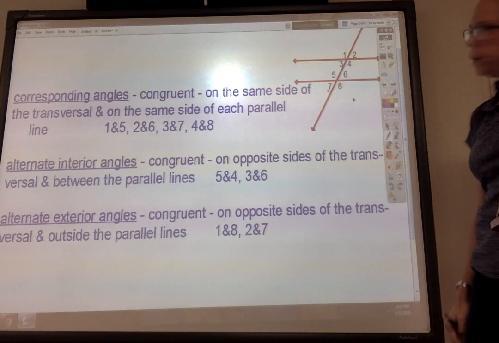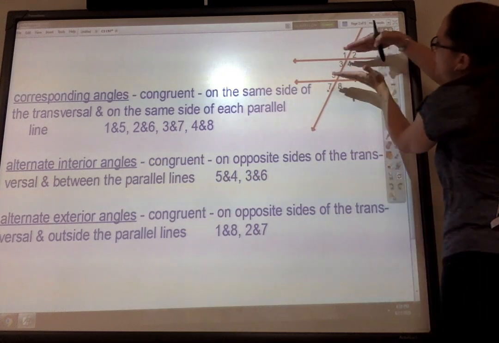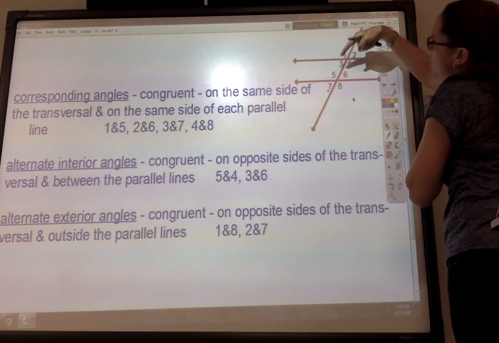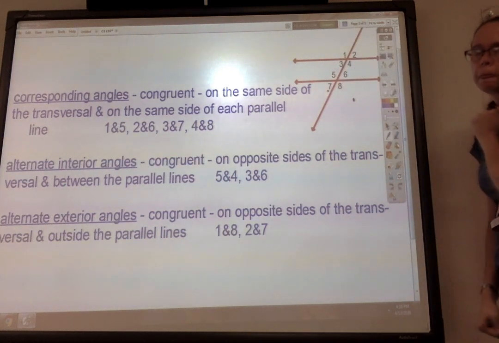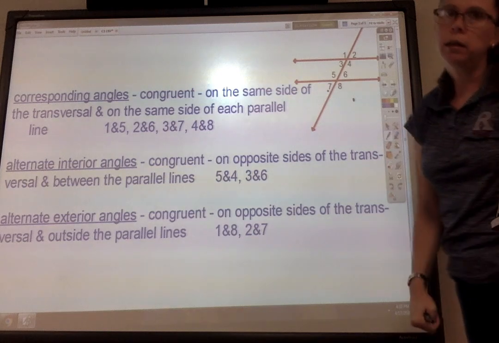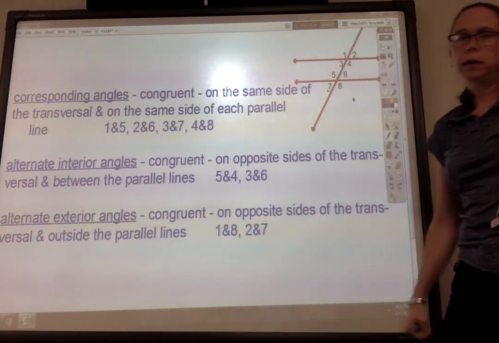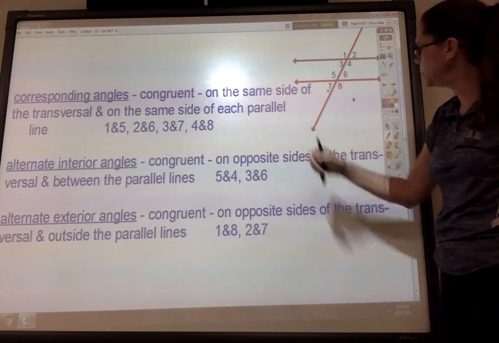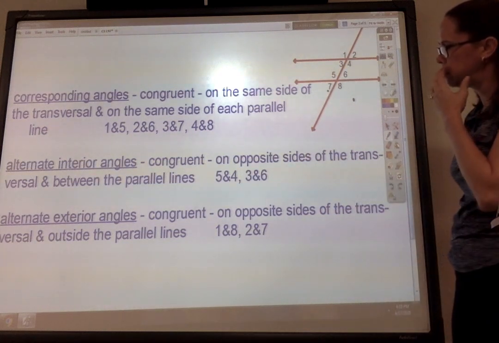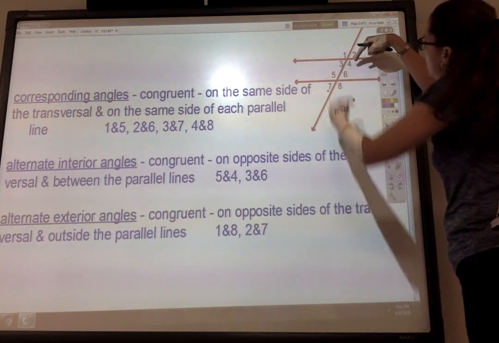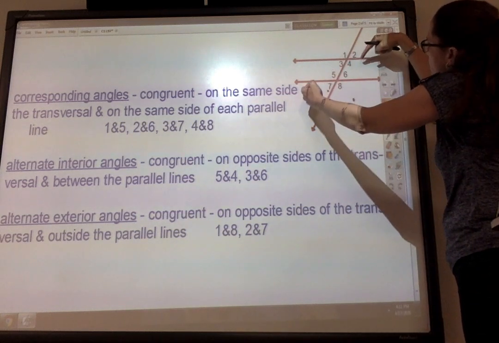Alternate interior angles. We already said interior angles are inside of the parallel lines. So in this case, it's 3, 4, 5, and 6. Alternate interior angles are also congruent. They have the same measure, but they're on opposite sides of the transversal and between the parallel lines. So in this case, angles 4 and 5 are alternate interior angles.